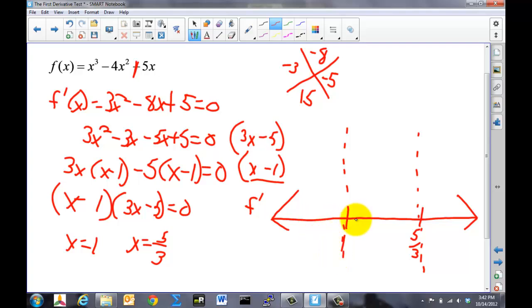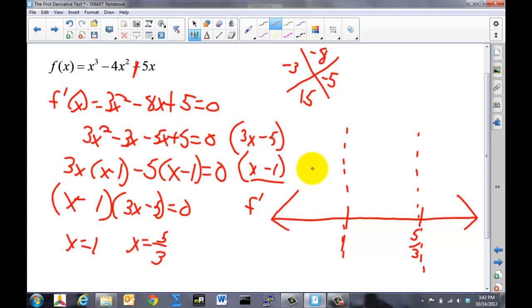And we know that at 1 the derivative is 0, and we know that at 5/3 the derivative is 0. Well, in each of these regions the derivative is either positive or negative. We've just got to determine which one.